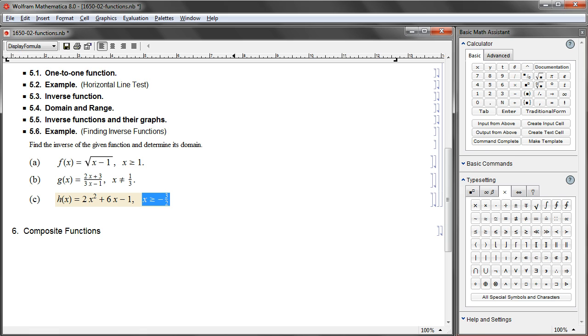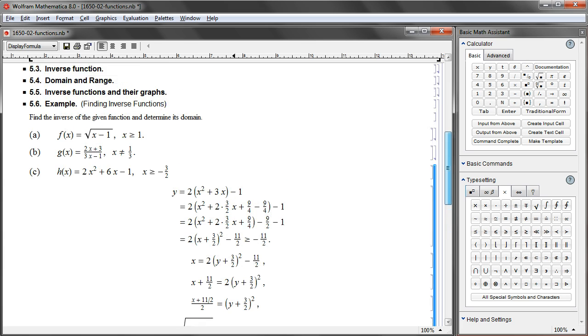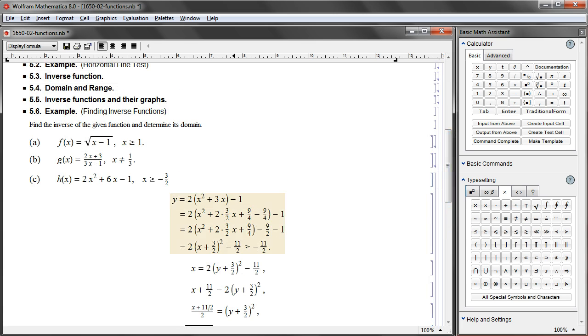You have to express this h of x in the standard form, by which I mean the vertex form. Here it is. Factor 2 out of the first two terms, and then complete the square. This 3 should be 2 times a certain number, so 2 times 3/2, and then you have to add 3/2 squared, 9/4 here, to make all the way from here to there a complete square.